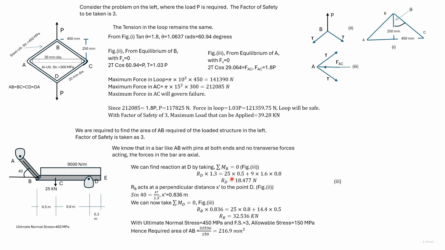So we find out the reaction at D. In order to find out the force in AB, the force acts along the axis, so we know the direction. We need to find out the moment arm to find the force acting in AB.